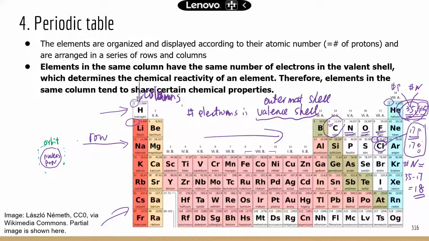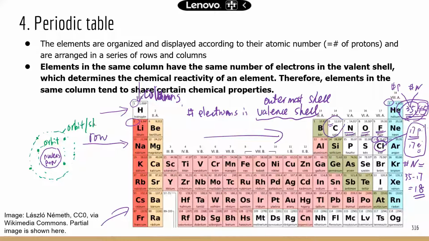The electrons with the lowest energy level are going to be the closest to the nucleus. So these electrons have the lowest energy level. Electrons that have more energy can fly a little bit further away from the nucleus. So they are going to occupy another shell or orbit.